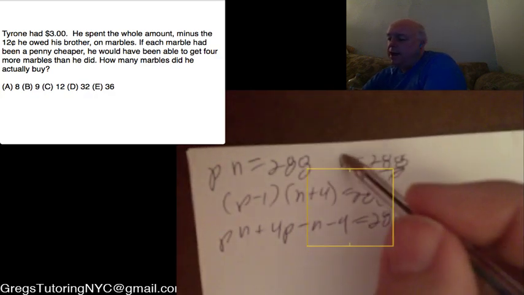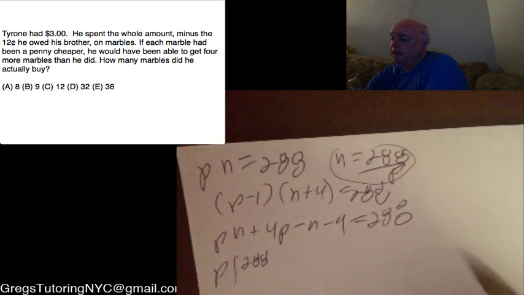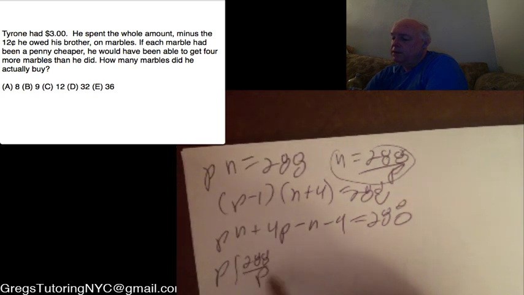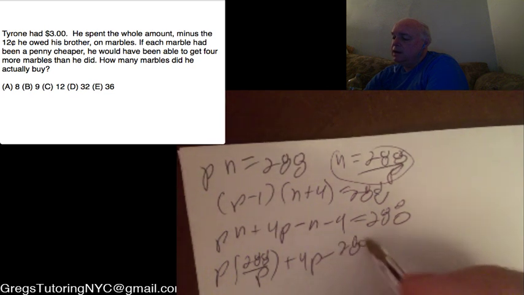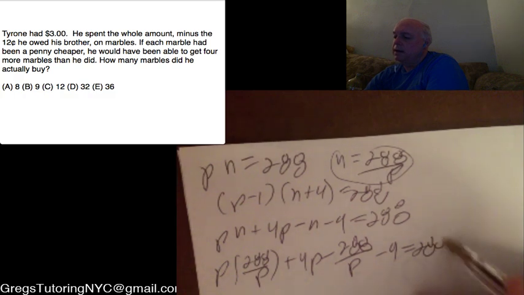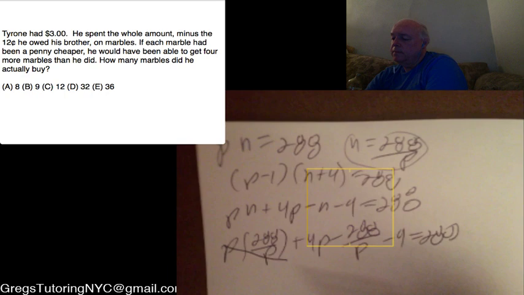Anywhere we see n, we're going to replace it with that. So we have p times 288 over p, because that's n, plus 4p minus 288 over p minus 4 equals 288, okay? These p's will cancel, right?